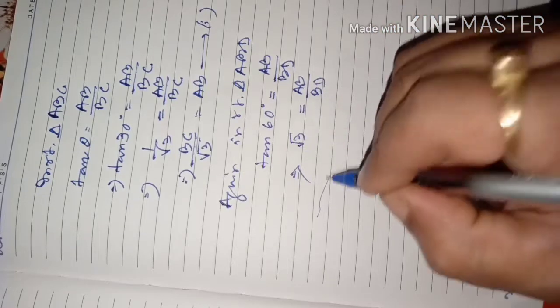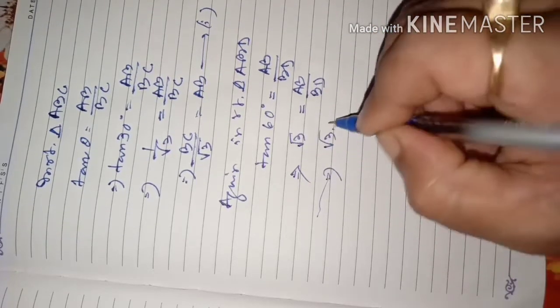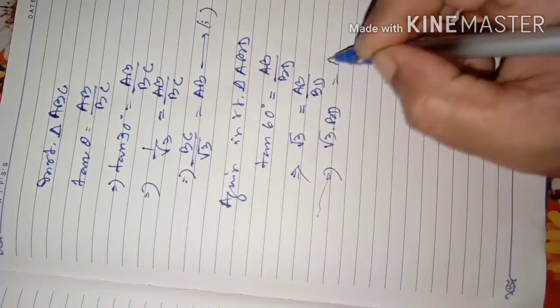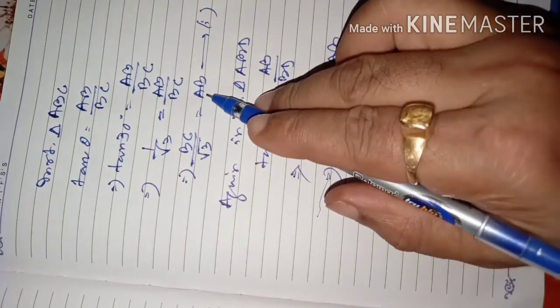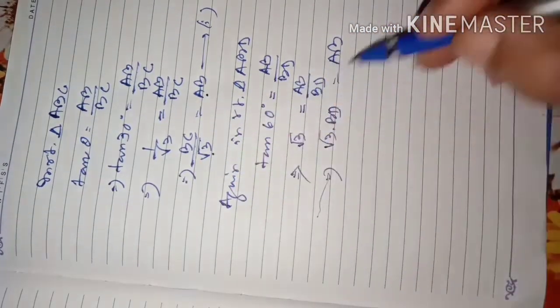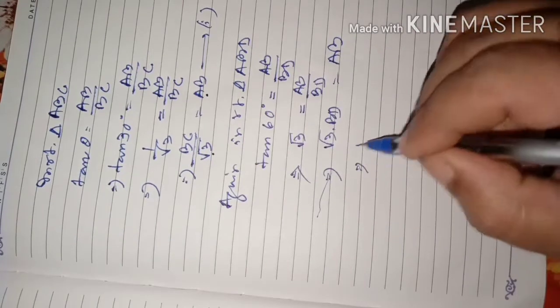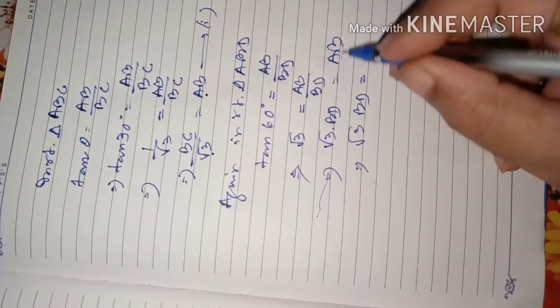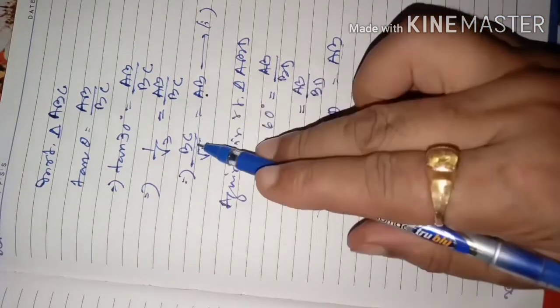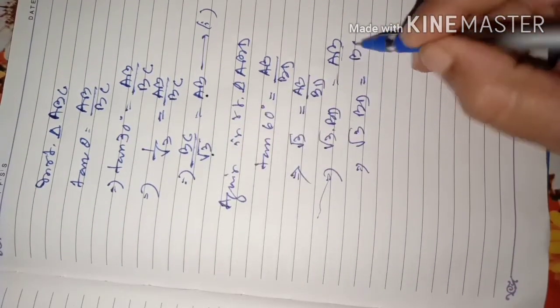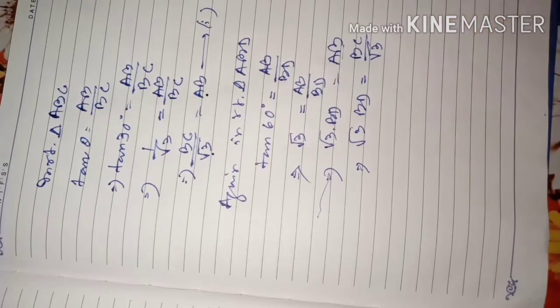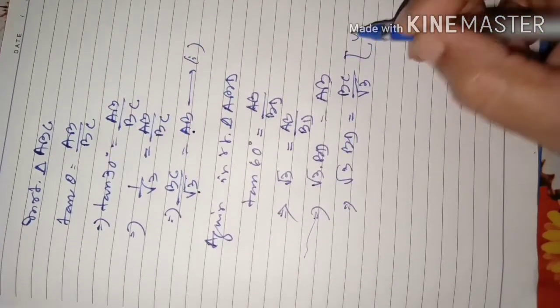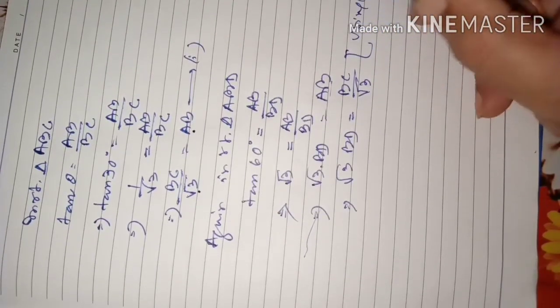This BD you can take here, so it will be root 3 into BD is equal to AB. If we use this AB equal to BC by root 3 here, root 3 BD is equal to AB, replace now by this expression, AB equal to BC by root 3, using equation 1.